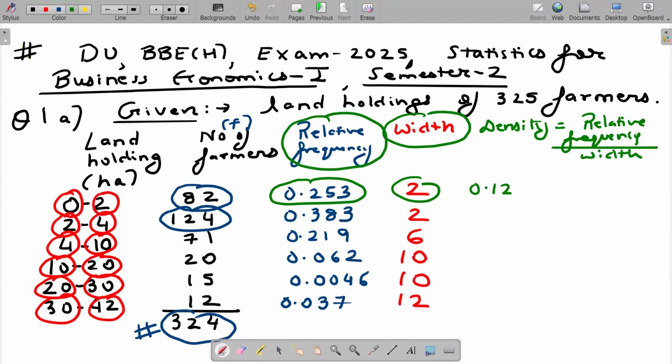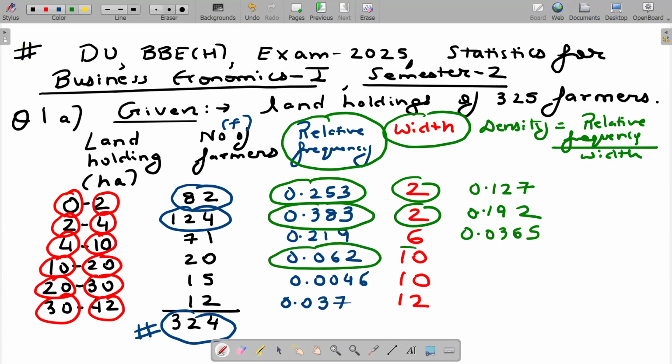Then 0.383 divided by 2 is 0.192. Then 0.219 divided by 6 is 0.0365.